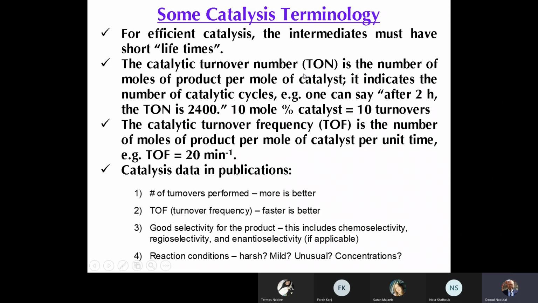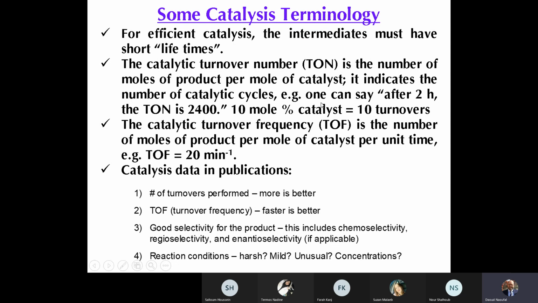In organometallic chemistry, we define TON, which is the turnover number. The catalytic turnover number, TON, is the number of moles of product per mole of catalyst. It indicates the number of catalytic cycles.